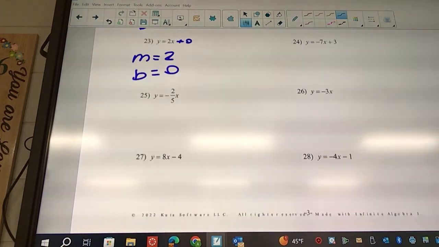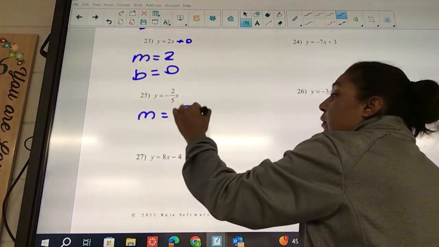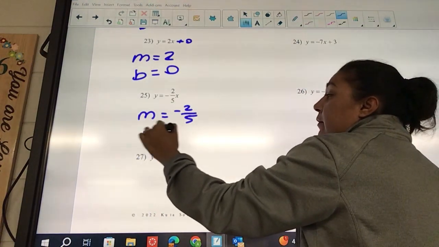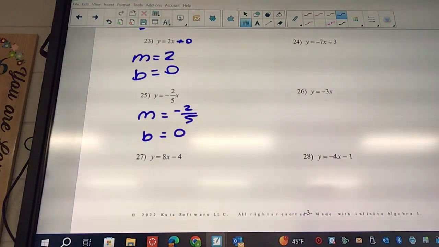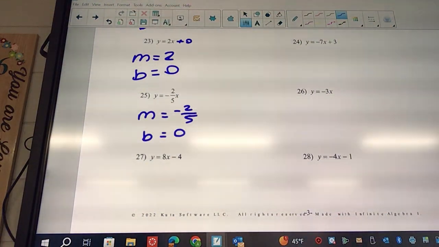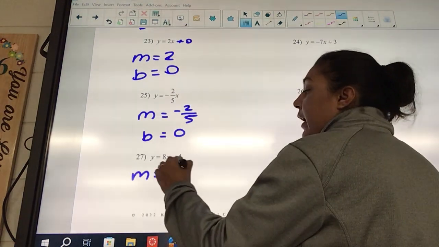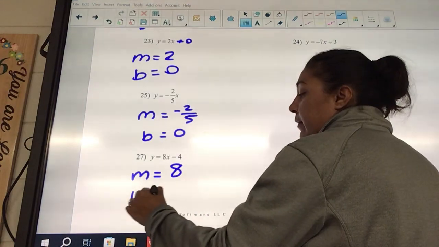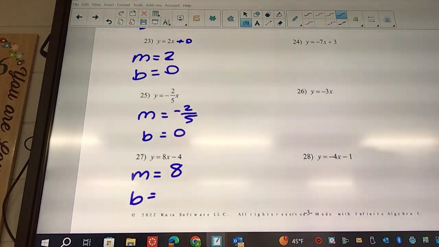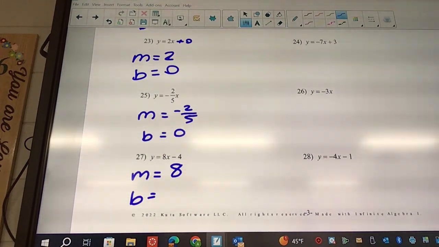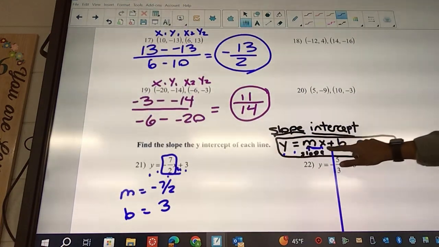If we're looking at 25, what's my slope? -2/5. What's my b? 0, because there's nothing there in the b spot. All right, 27, don't get cocky. What's my m? 8. What's my b? -4. If there's anything other than a plus there, because look at my formula, it has a plus b.